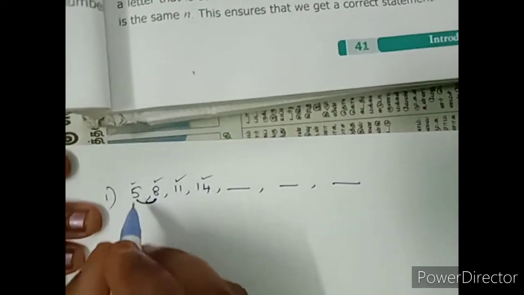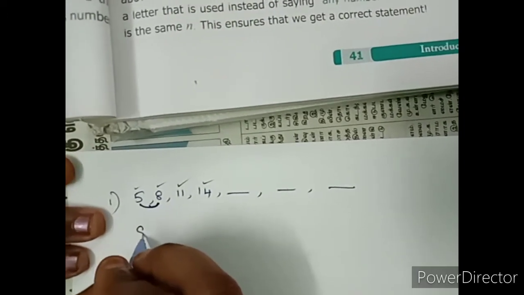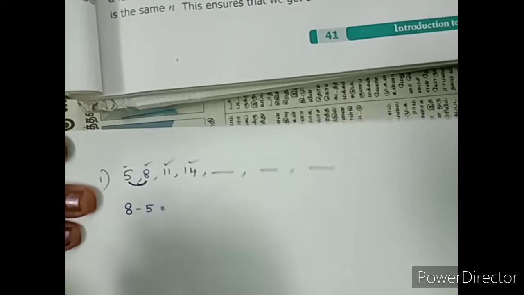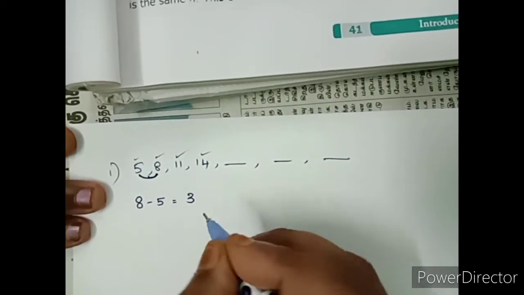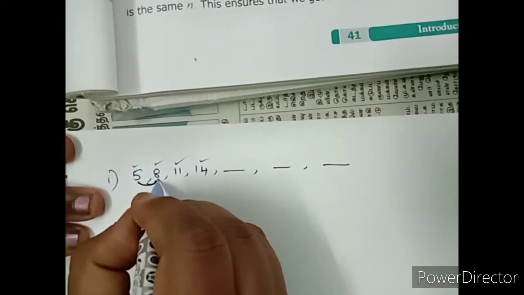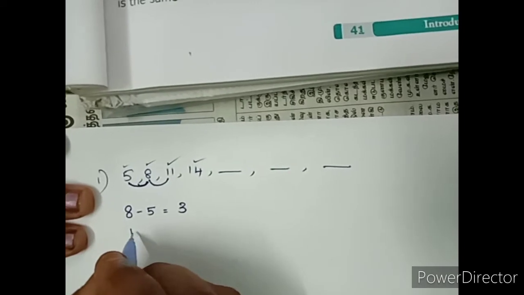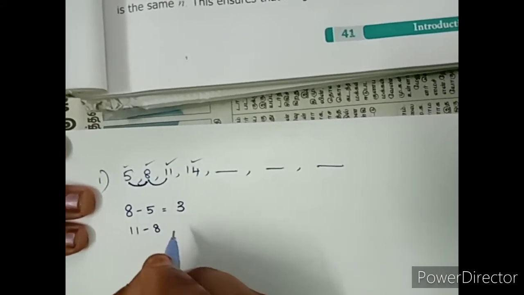What we should do is find the relationship between these 2 numbers first. Which is the bigger number here? It is 8. 8 minus 5. What is 8 minus 5? It is 3. We'll see the relationship between 8 and 11. The bigger number is 11, minus the smaller number 8.